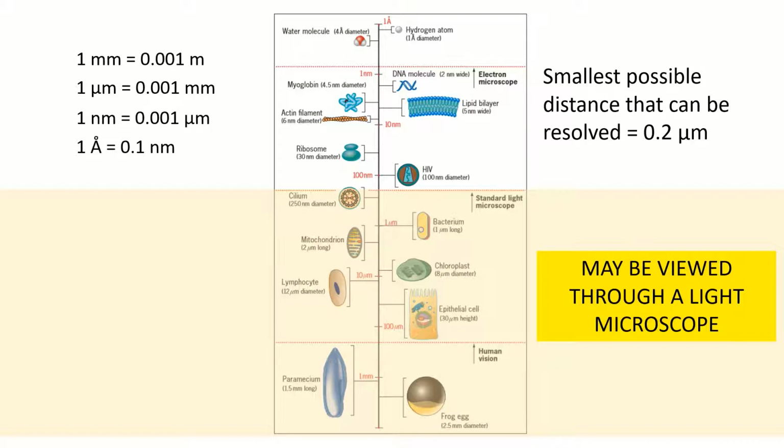Meaning to say we cannot see the HIV particle or the HIV virus under the microscope because its diameter is 100 nanometers. That's less than 0.2 micrometers. But we may still see the cilia or cilium because a cilium has a diameter of 250 nanometers or 0.25 micrometers.